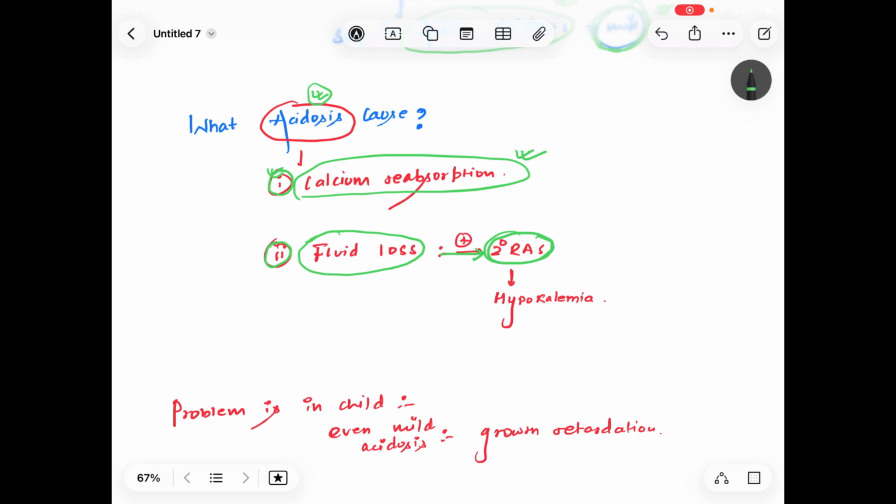Secondary RAS activation leads to hypokalemia. But these two manifestations require acidosis to be severe. But here the acidosis is mild, so these manifestations are rarely seen in proximal RTA.